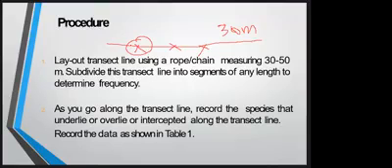So dili ka magkalot-kalot. All you have to do is to make an observation. So going along this line, you have to observe what can you see around you. Once you reach this particular transect line, yung gibutangan nimong segment of any length, then you determine the frequency.